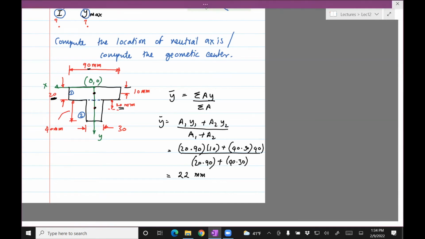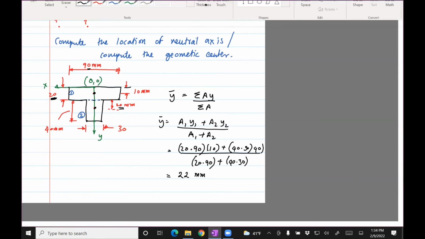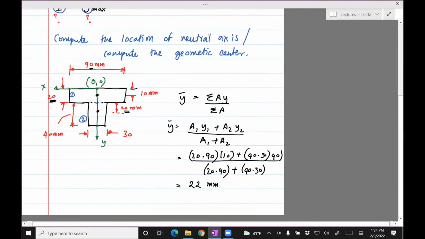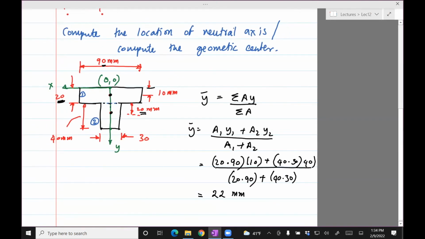Okay, so you can plot that on this figure. Since this is 20, it's going to be slightly below the first rectangle. It's 22 millimeters from the origin.